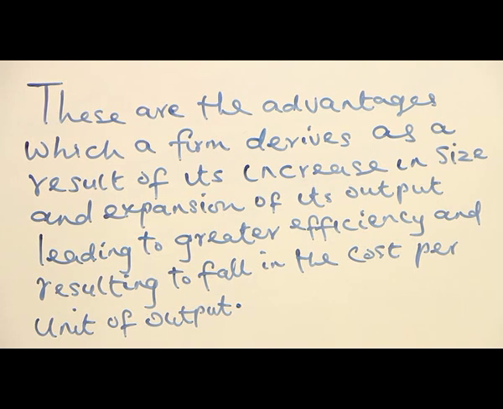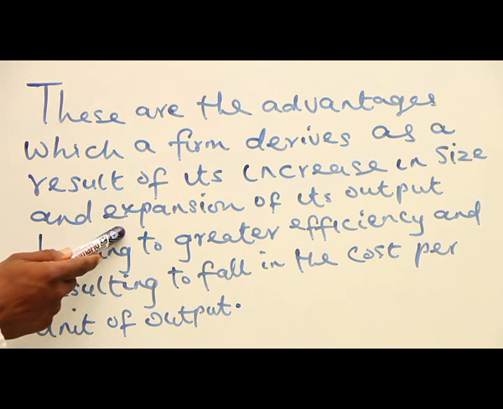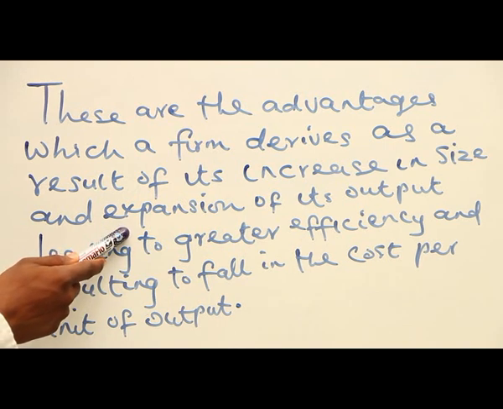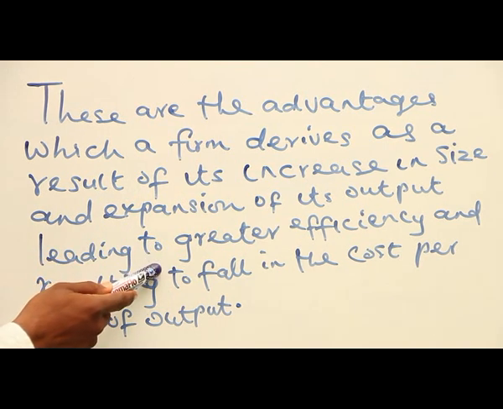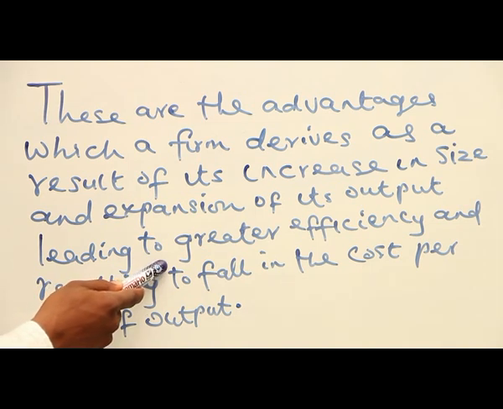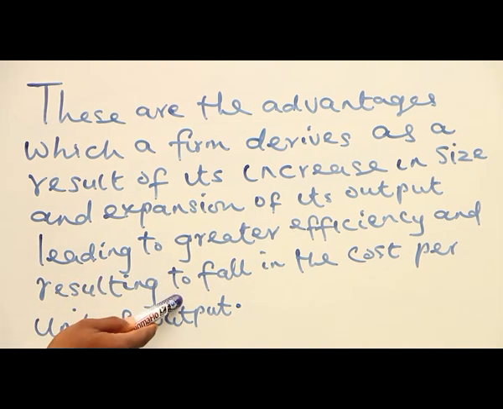That is, if a firm is experiencing internal diseconomy of scale, the firm might have an increase in size, but the output might not increase, because there is no efficiency in what they are doing that can lead to a fall in cost per unit. So when a firm is having an increase in cost per unit, then the firm is experiencing what we call internal diseconomies of scale.